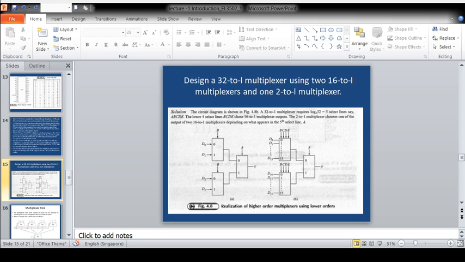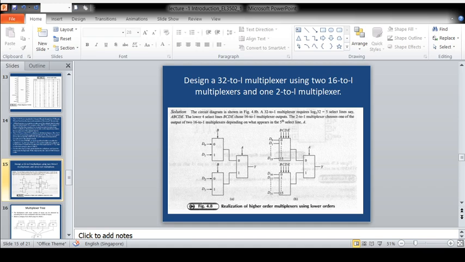Two 16 to 1 multiplexers and one 2 to 1 multiplexer are going to be utilized. You can see the diagram in B, where a 32 to 1 multiplexer is going to be there.